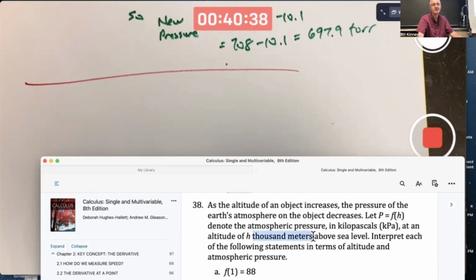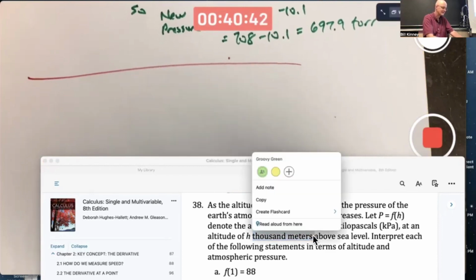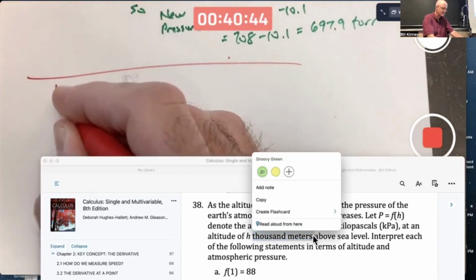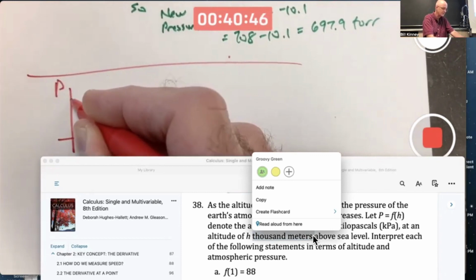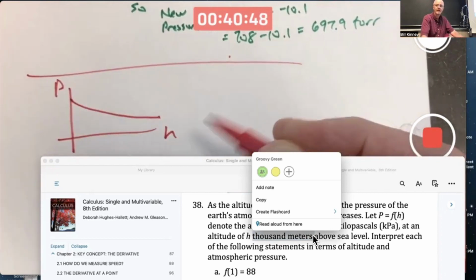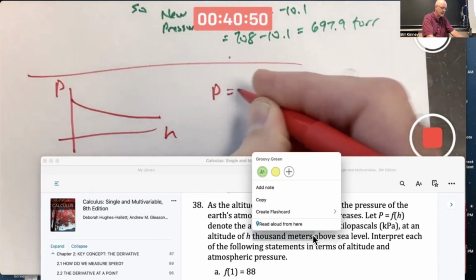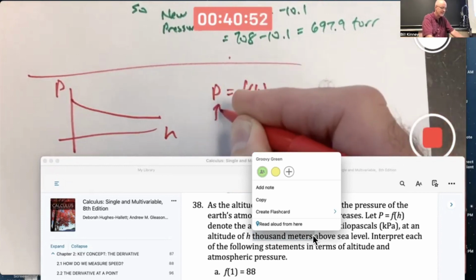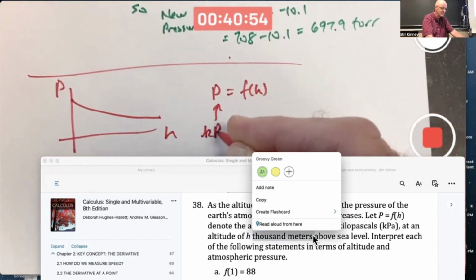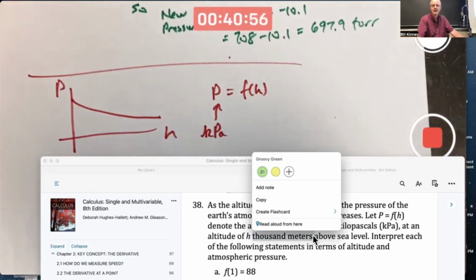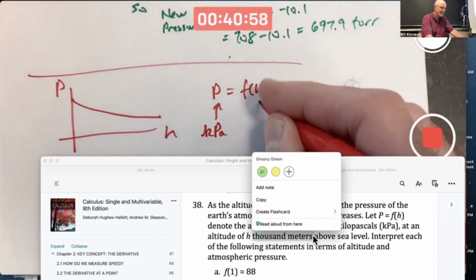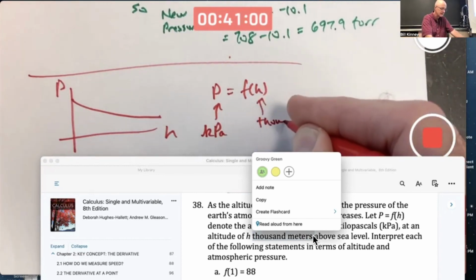That matters. So it's still a similar graph, same letters, P and H. P is a function of H, but now P is in kilopascals. H is in 1,000 meters.